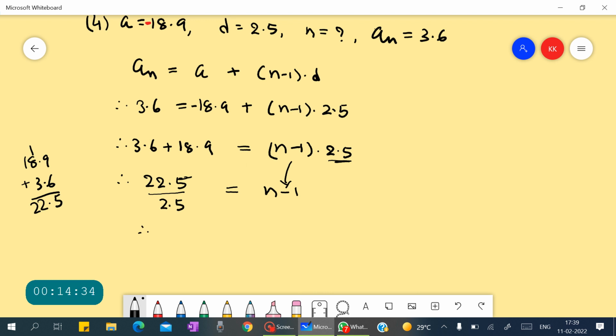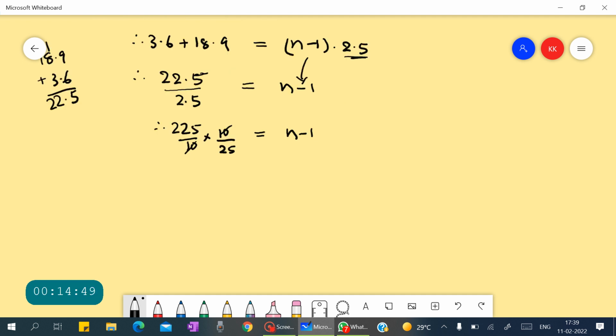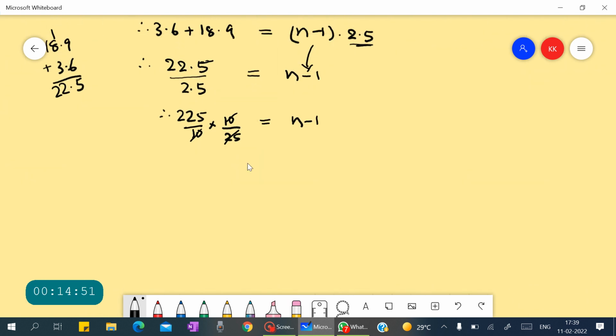This point is irritating me, so I can remove it: 225 divided by 25 equals n minus 1. If you are smart enough, you can do it directly also. So now you can understand 25 nines are 225. So n minus 1 equals 9, and I am shifting the 1 to the left hand side, so it will become plus, and here comes n equals 10.